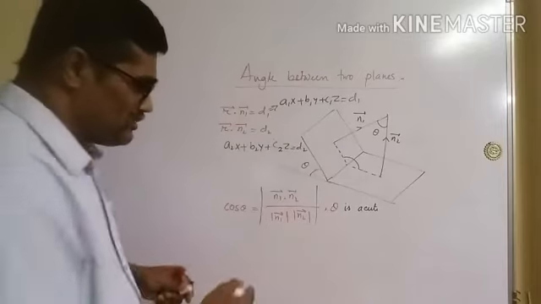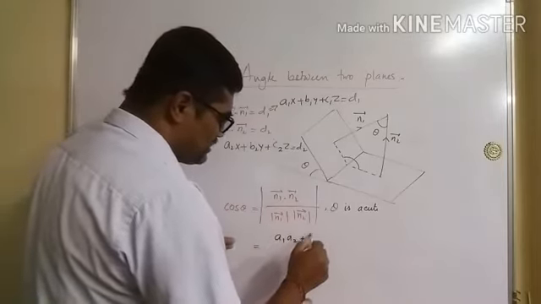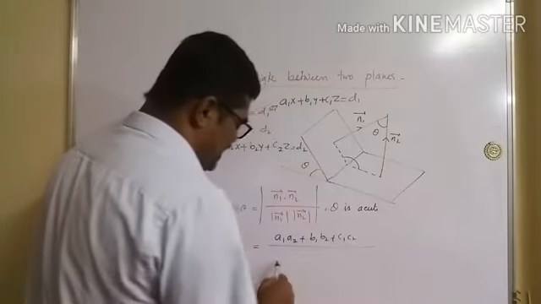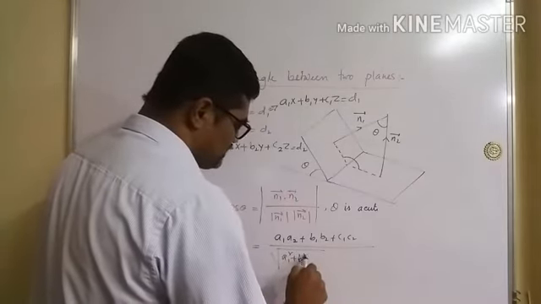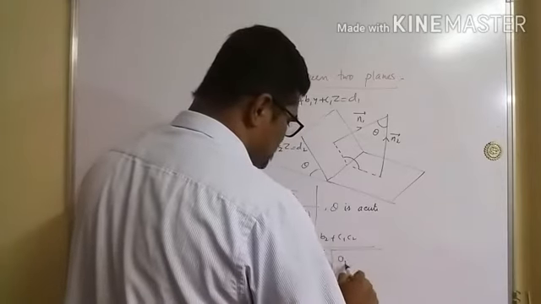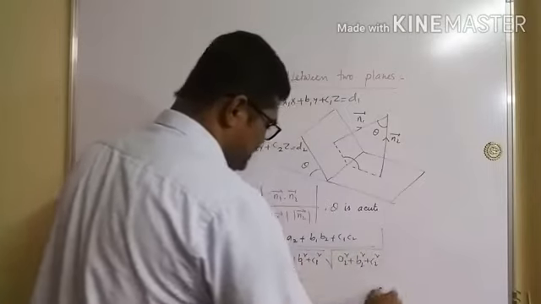So the dot product in terms of components will be a1 a2 plus b1 b2 plus c1 c2. The magnitude of n1 will be the square root of a1 square plus b1 square plus c1 square, and the magnitude of n2 is the square root of a2 square plus b2 square plus c2 square, all with a modulus.